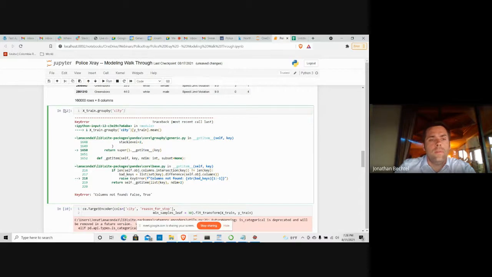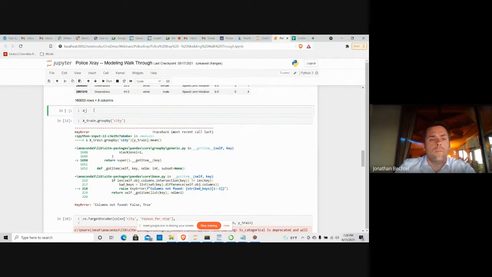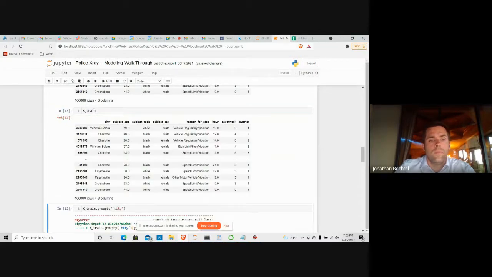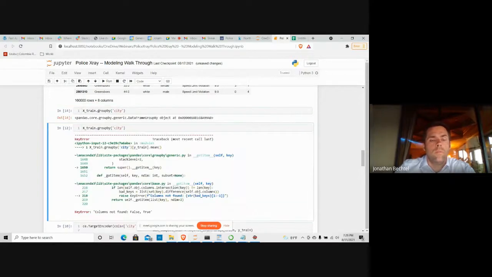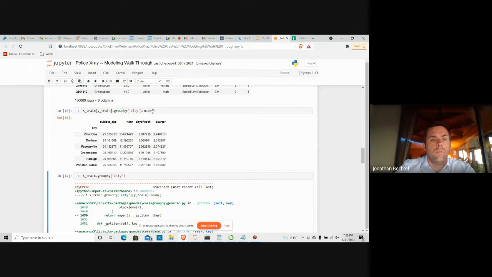But the basic idea here, city is no, that's not going to work.